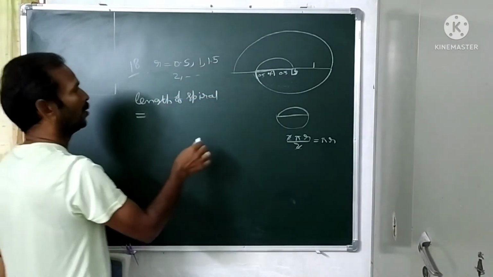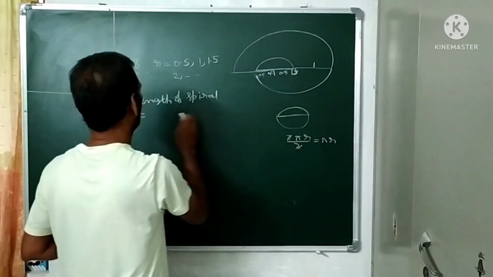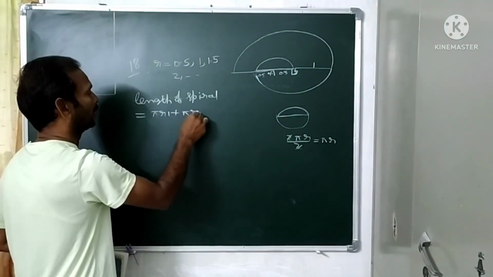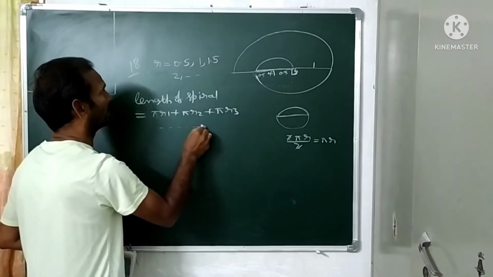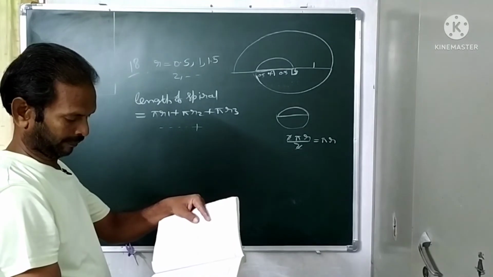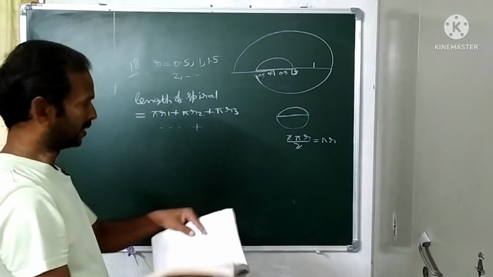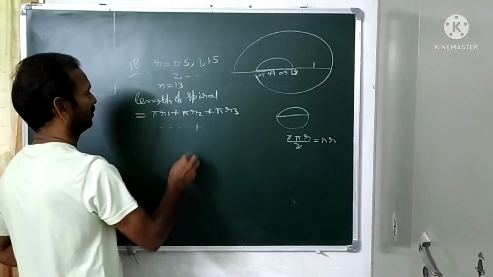equals pi r1 from A, next pi r2, next pi r3, like that. How many do you have to calculate? Total n is equal to what? 13.